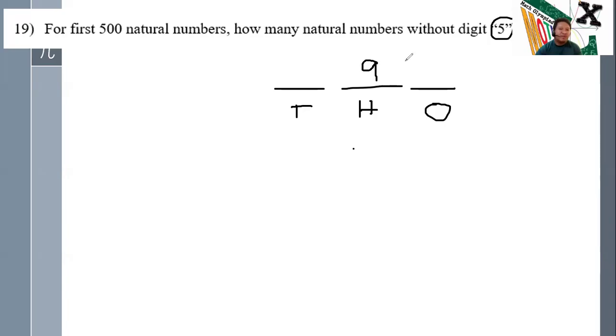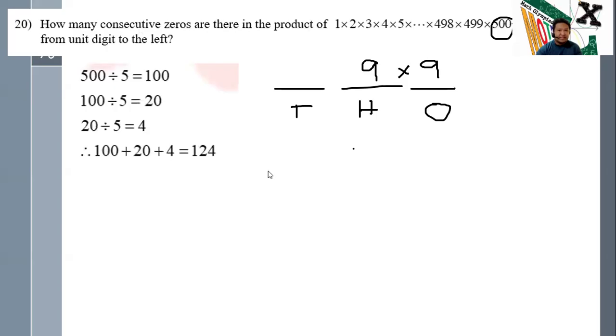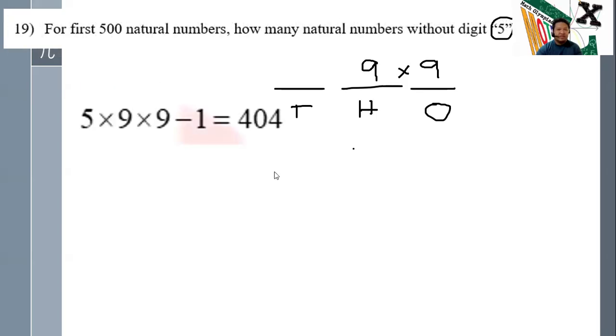In the ones place we can also use only 9 digits, because there are 10 digits but we cannot use 5. Okay, sorry, moving on.